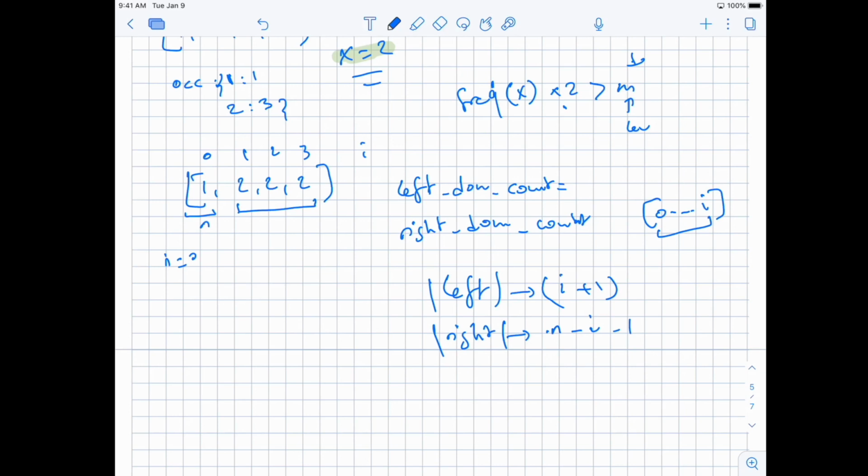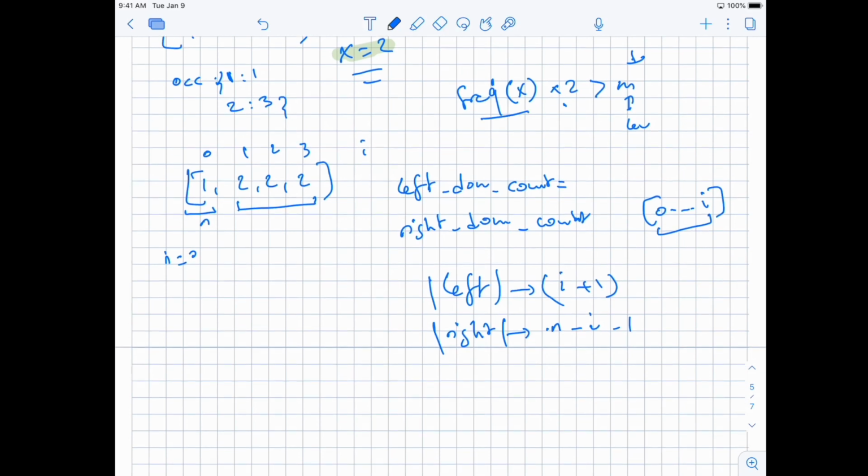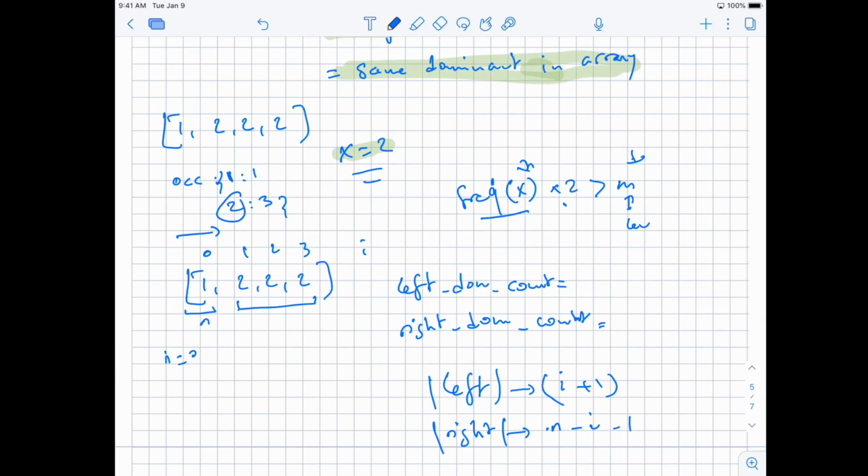So now that we know the size, we can put it here, and the frequency we just need to count. So how do we count the frequency? Well, for the left, it's easy. As we go through the array, if we encounter the dominant element x, we increment it by 1. What about for the right side? Well, for the right side, it's also easy because we know the overall count of x.